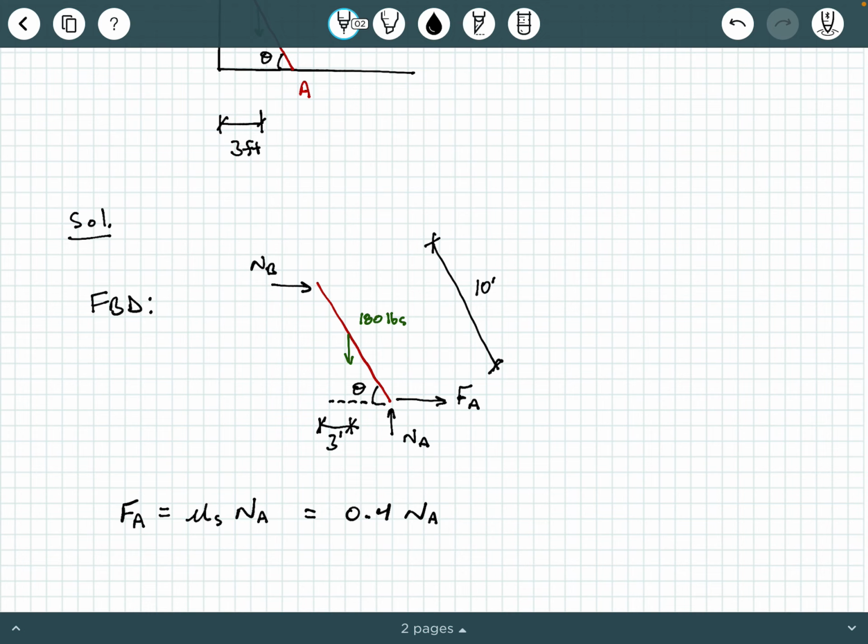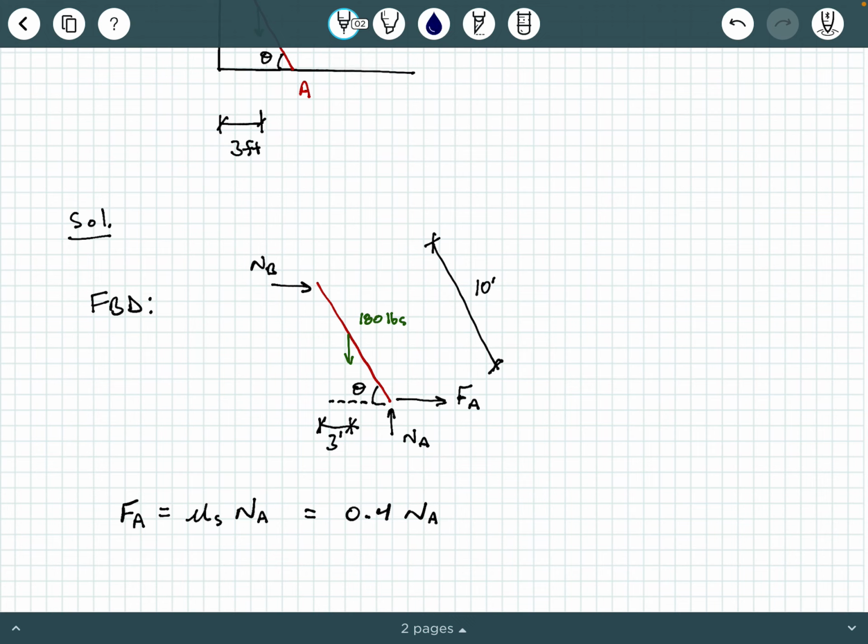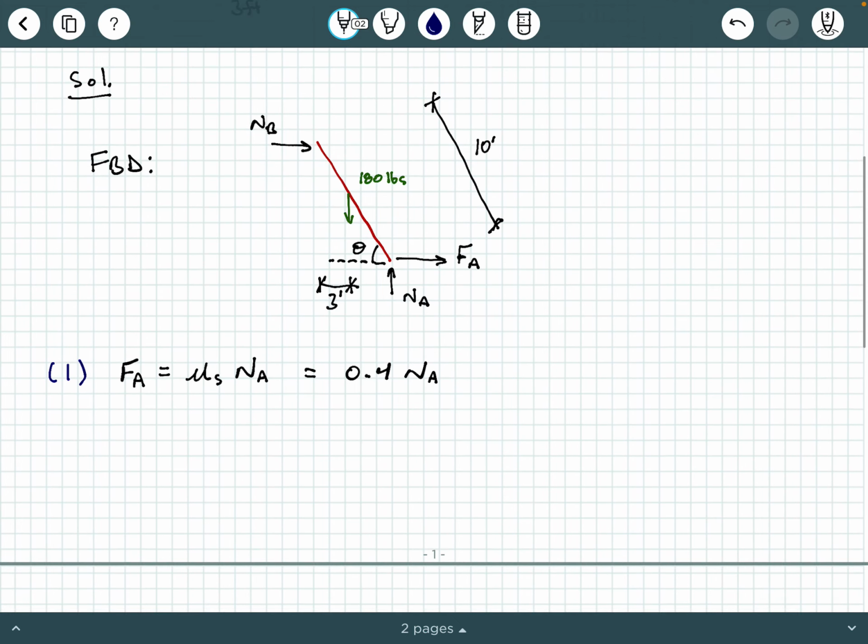And notice we have 4 unknowns. So we're going to ultimately need 4 equations or 4 relationships to tackle this problem. So our first relationship that we're utilizing is the definition of static friction. Friction force equals coefficient of friction times the normal force at that point. Now, what other 3 relationships can we use? Well, this is a rigid body.